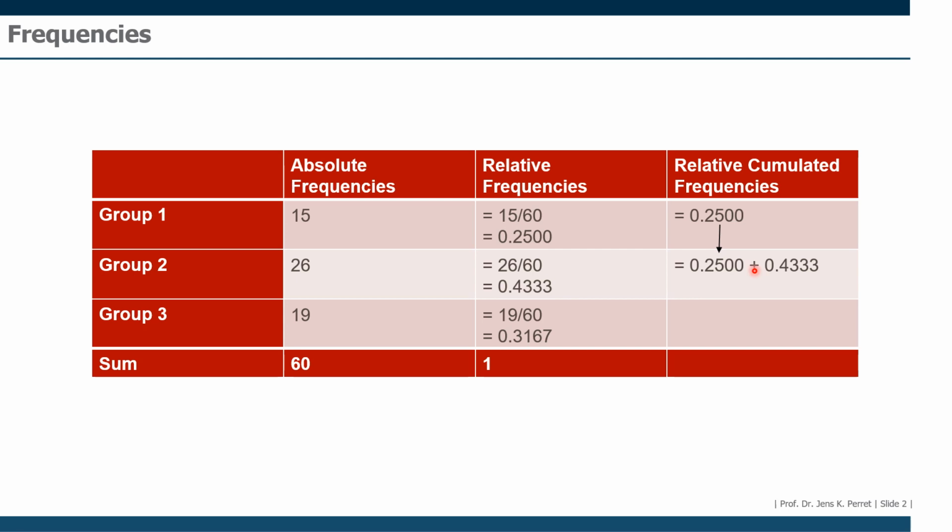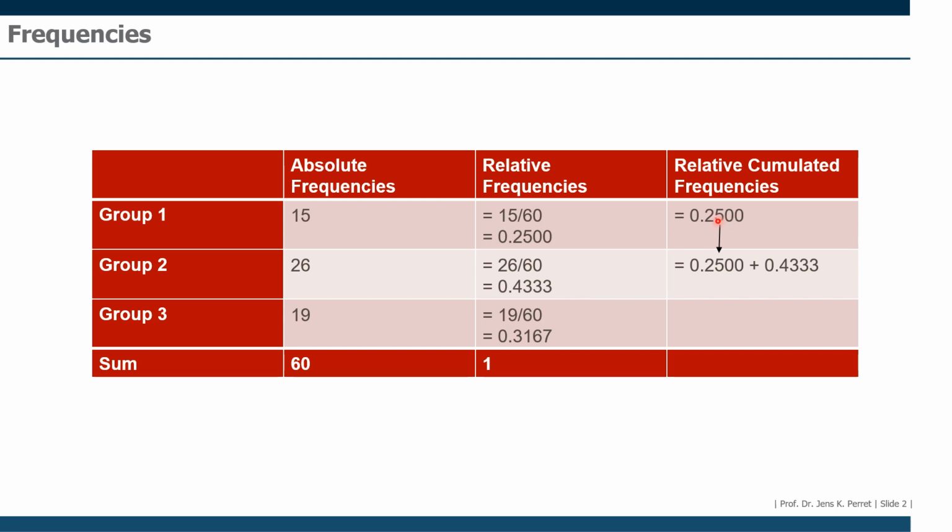To make our lives a bit easier, we're not always going to add up all of these numbers in this column. Because here we only have 3 groups, but imagine if you have a table with like 50 groups, then this would lead to a lot of unnecessary calculations. But we can make our lives much easier because this value already sums up all the different groups above this.